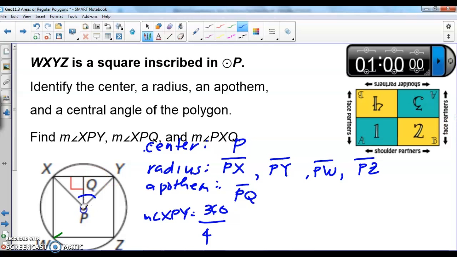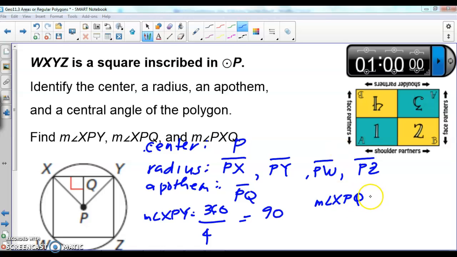Because you can imagine this inscribed square being split into 4 congruent isosceles triangles, right? And the sum of all the central angles here is 360. So if you divide 360 by 4, you're going to get 90 degrees. So that's the central angle for one isosceles triangle.